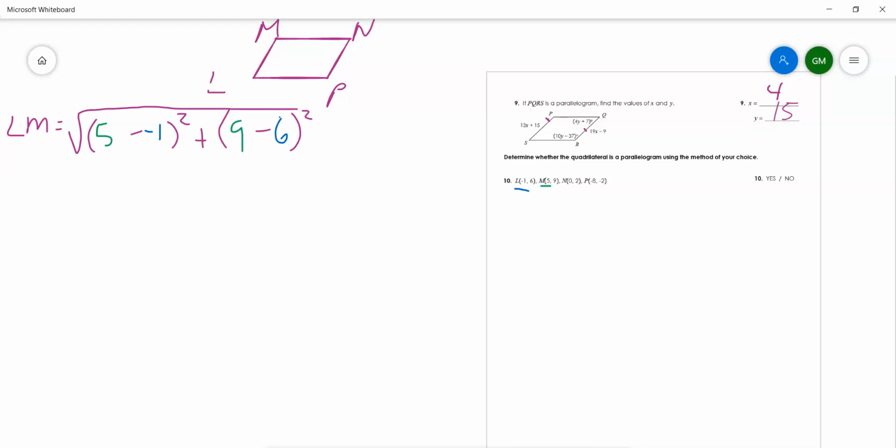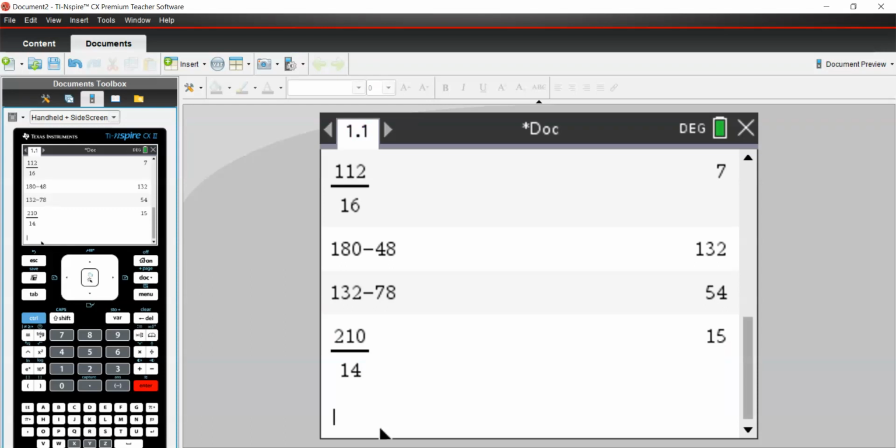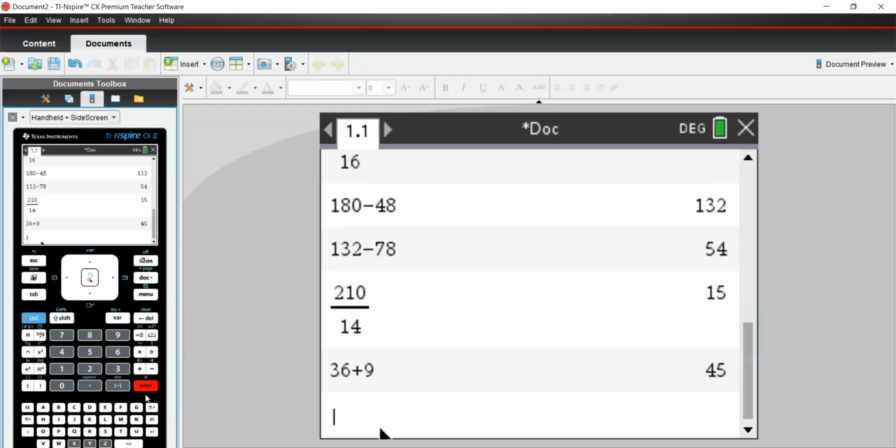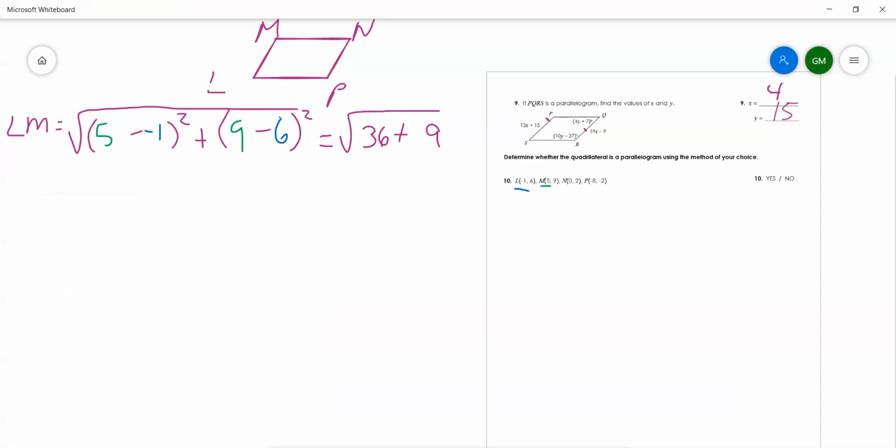All right, 5 minus -1 is 6. 6 squared is 36. 9 minus 6 is 3. 3 squared is 9. 36 plus 9 is 45, and 45 is not a perfect square. So we're going to just leave this as square root of 45 for now. Yes, it can be simplified. No, we're not going to.